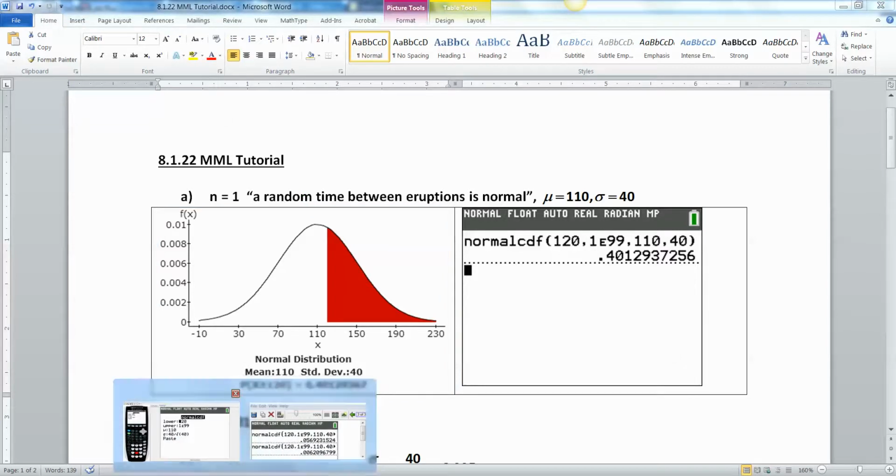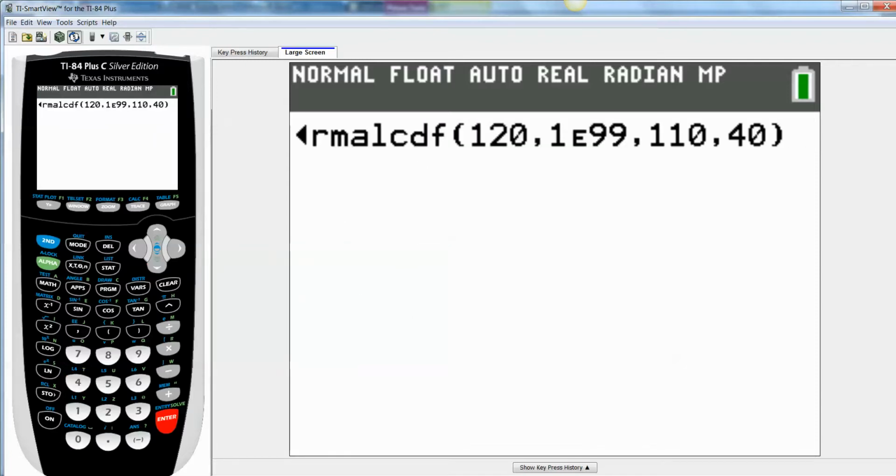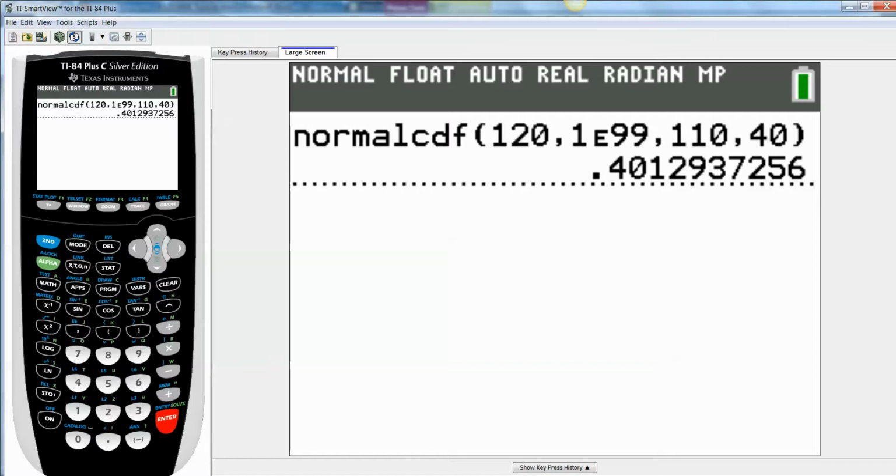And then the right-hand edge is forever because it goes on forever. But the calculator doesn't handle forever, so it's going to say 1E99. And then the mu is 110. And the standard deviation is just 40 because you're talking about a single. And then paste, enter. And there you have it. So that's how to do it with a calculator and how to do it with StatCrunch.